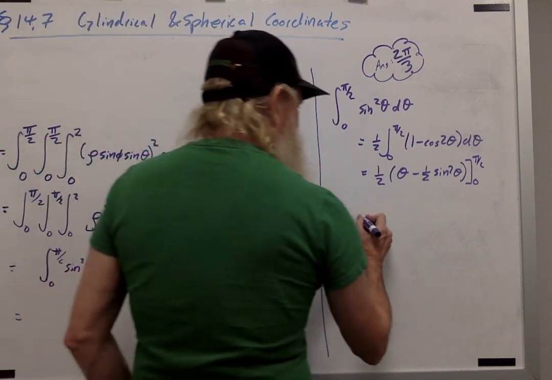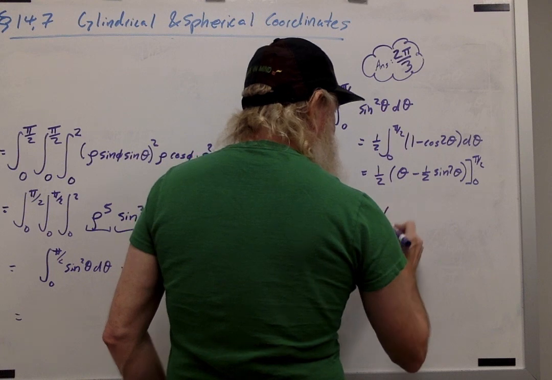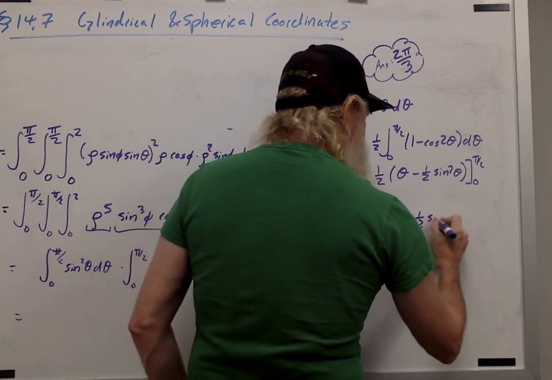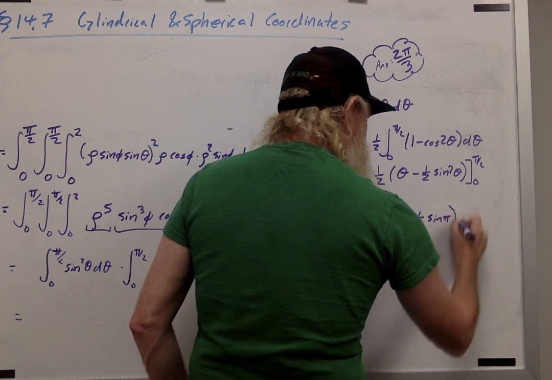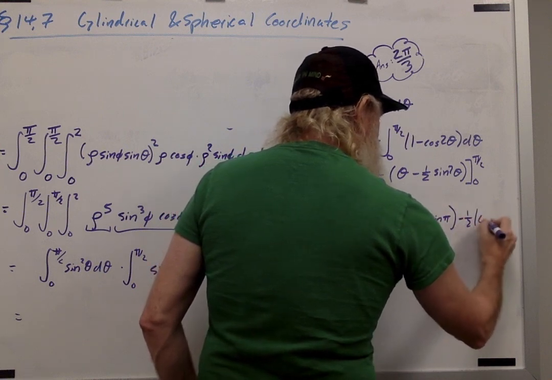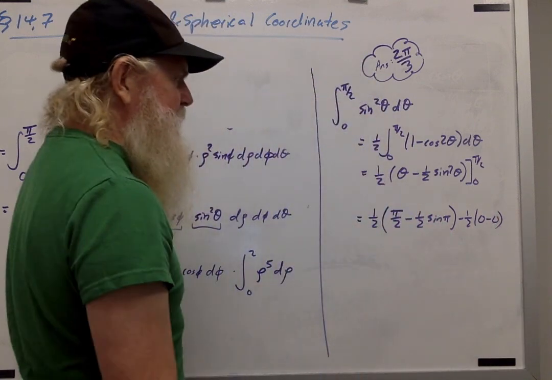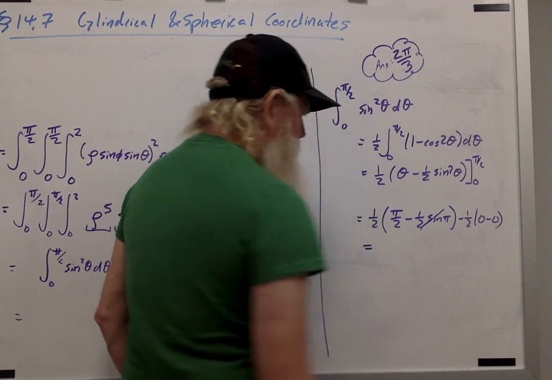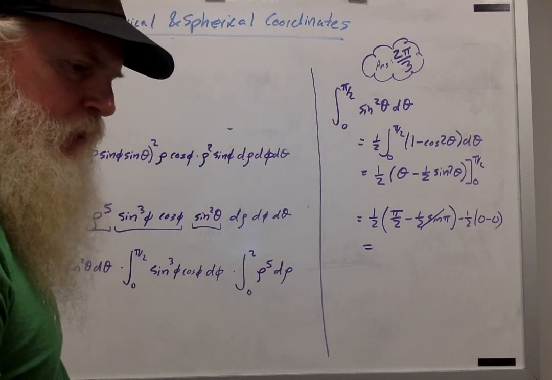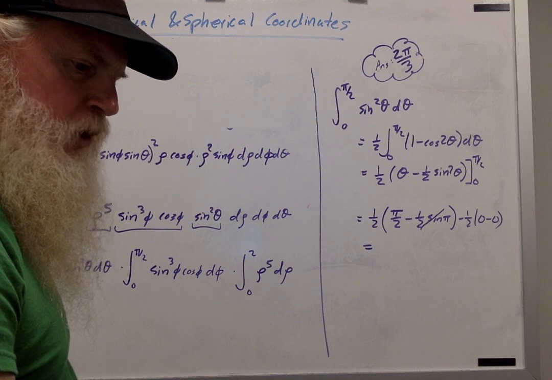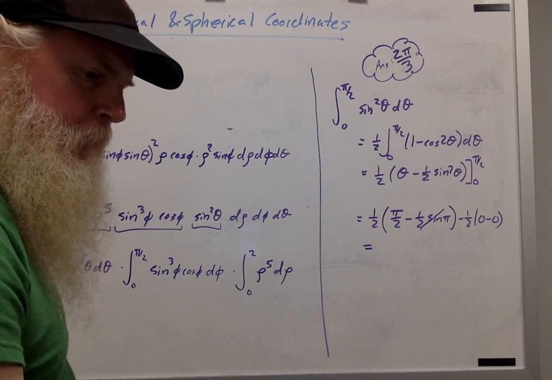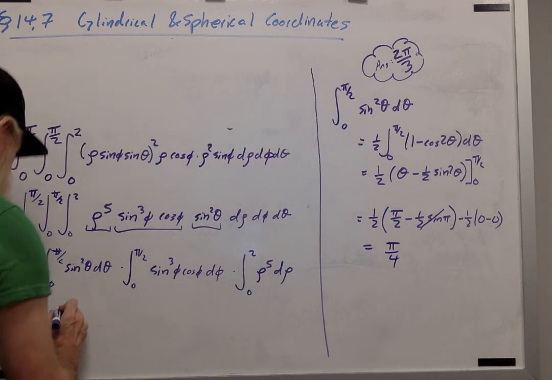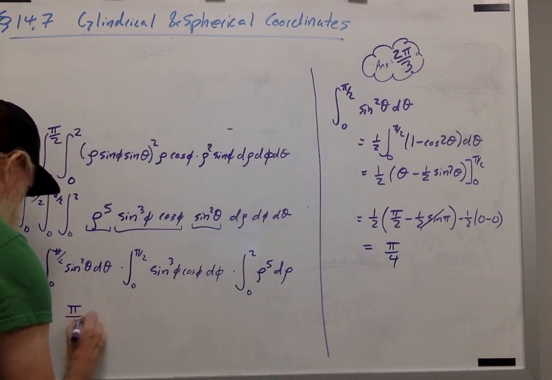Plugging in the two endpoints and subtracting, I'll have half of pi over 2 minus half sine pi, minus half of 0 minus 0, since sine 0 is 0. Sine pi is also 0. So for the first integral, I'm just getting half of pi over 2, which is pi over 4. So the first of these three integrals is pi over 4.